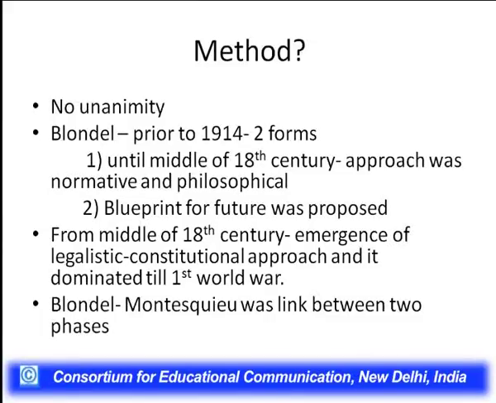But from the 18th century, a different type of method surfaced and came into circulation, and that was the legal and constitutional approach. Within comparative politics, a legalistic and constitutional approach replaced the earlier normative and philosophical approach which had dominated the scene.